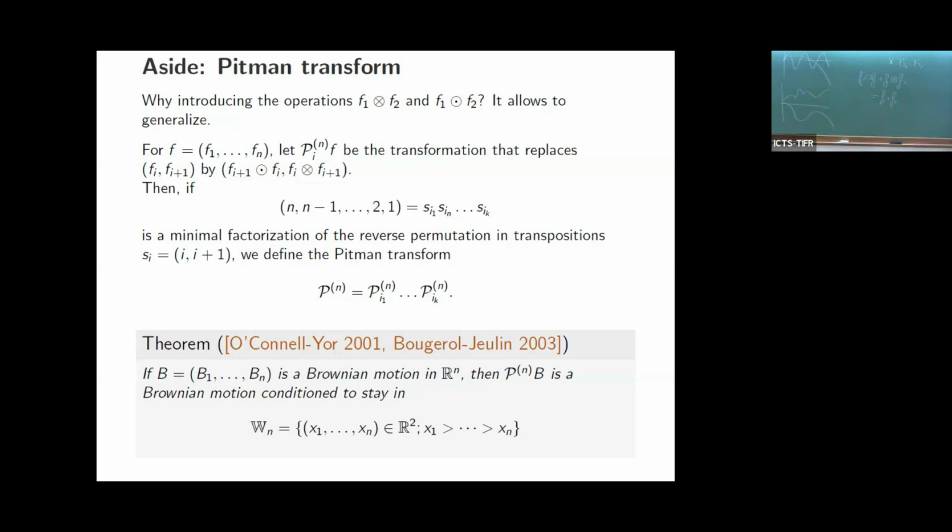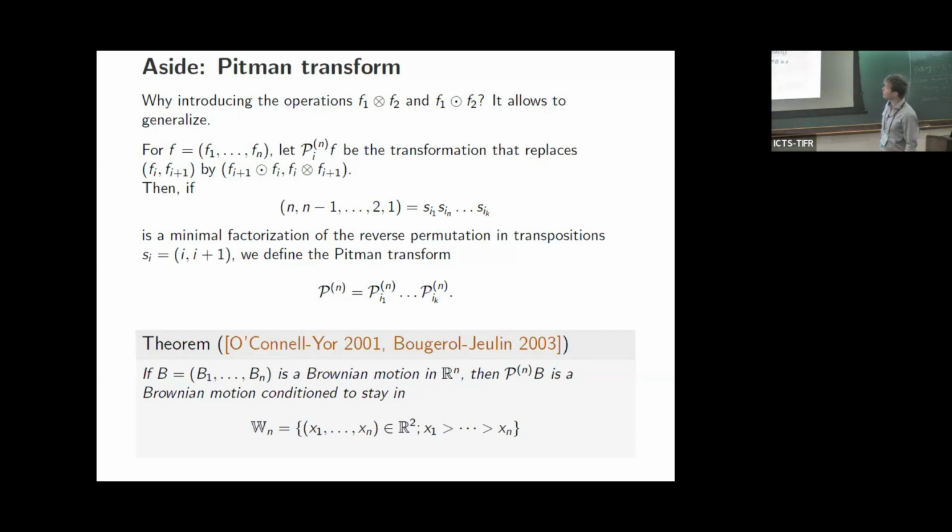Sorry, so then Pn depends on the order, or is the claim that it's independent? No, the miracle, and that was proven by Biane, Bougerol, and O'Connell, is that this definition does not depend on the order as long as you have chosen a reduced decomposition of the longest element. I say longest element because this generalizes to Coxeter groups.